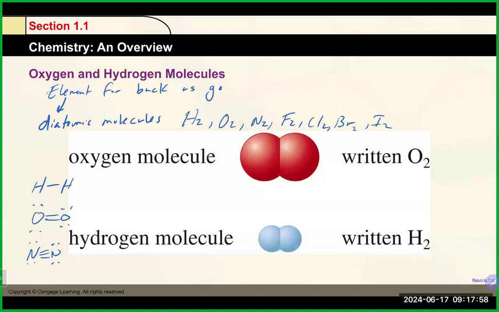Now, these are all elements. They're also all considered molecules, and they're diatomic molecules, each of these guys. And that's because they're made up of two atoms of each of these elements. So we have two atoms of this guy, two atoms of this guy, two atoms of this guy. So that is why they are also considered a molecule.